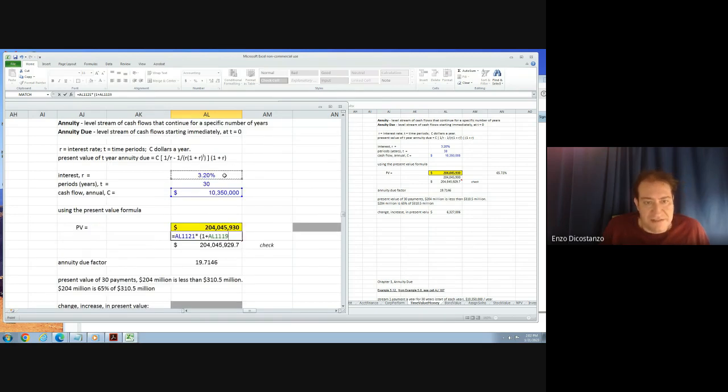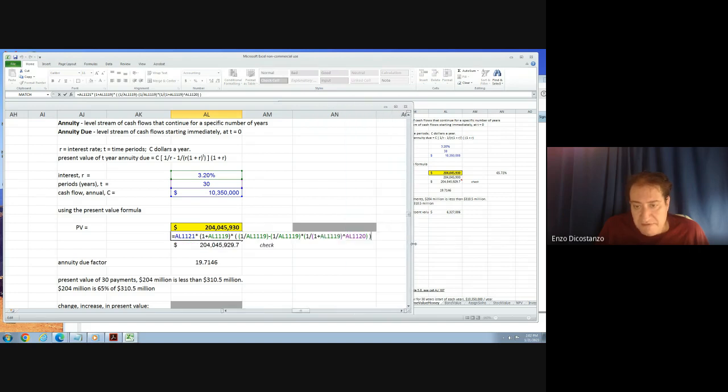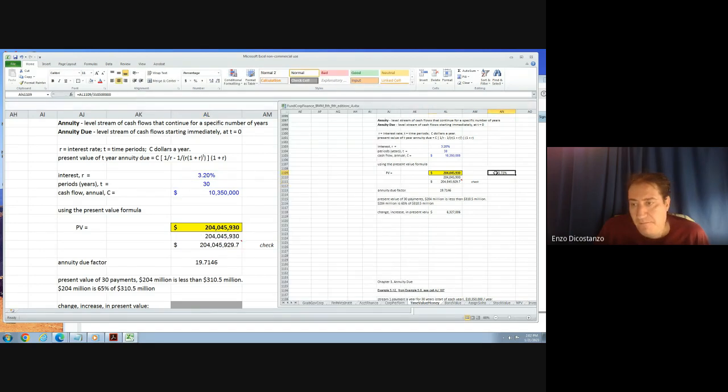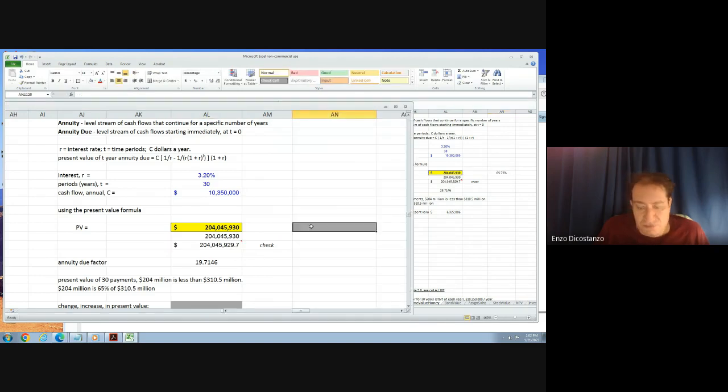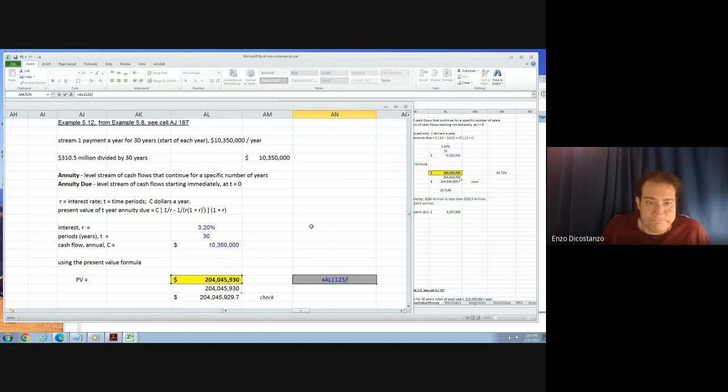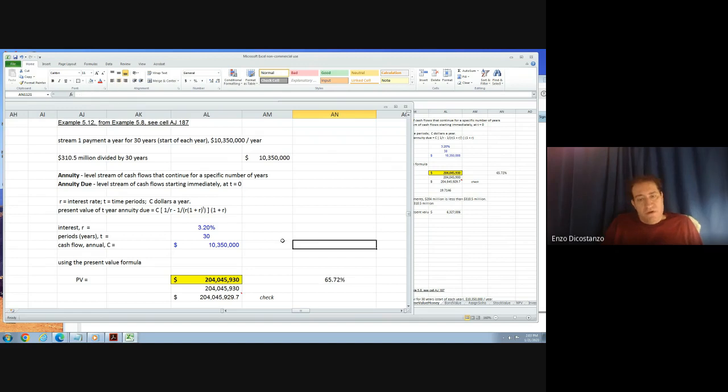This is 1 plus that rate. Years. Okay, same thing. Right, you got the same. Just laid out a bit so you can see what we're doing. And this was equal to this divided by that.